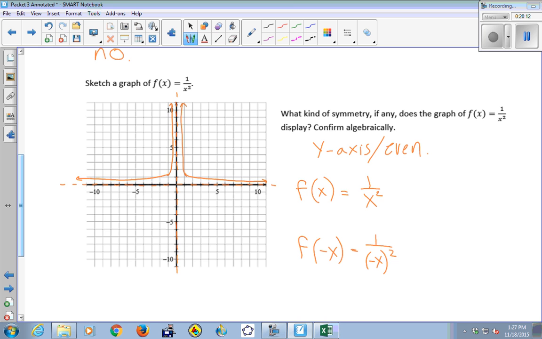And then see if we get the same thing. For y-axis symmetry, they should be the same thing. So negative x, when you square it, what do you get? Positive x squared. So this is the same thing as 1 over x squared. So these two are the same. And when f of x equals f of negative x, that confirms that we have y-axis symmetry.